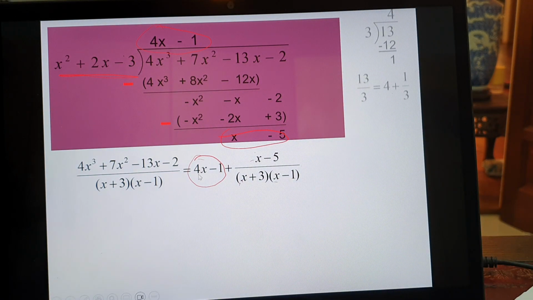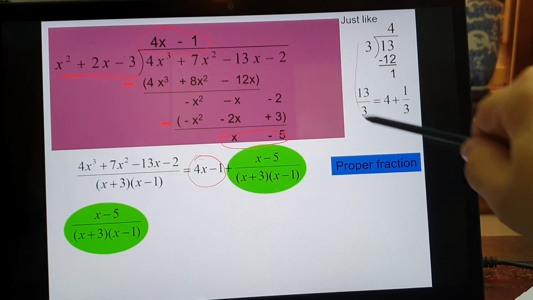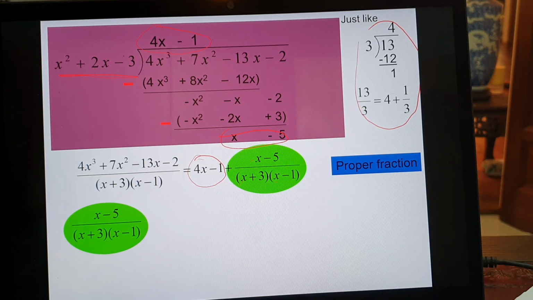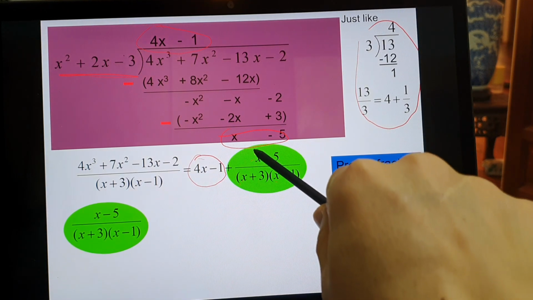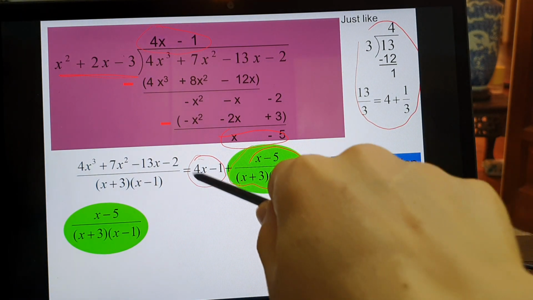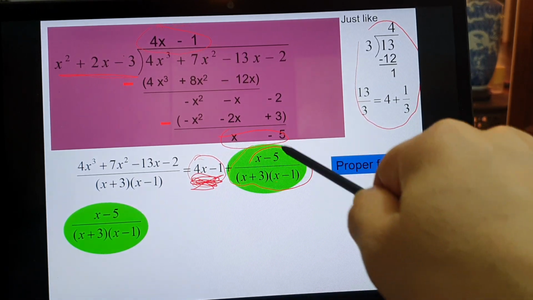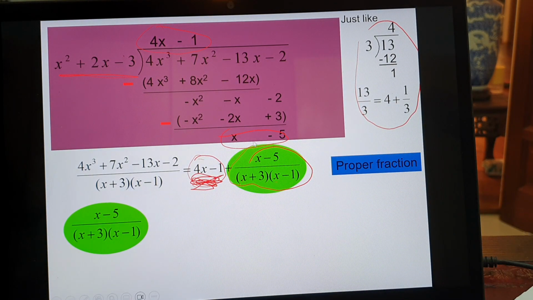Then now we go and, these are all the examples I gave in class also. And now your focus should be on this. When you do partial fraction, it's on this part only, because this is nothing to do with the partial fraction that you're trying to find.